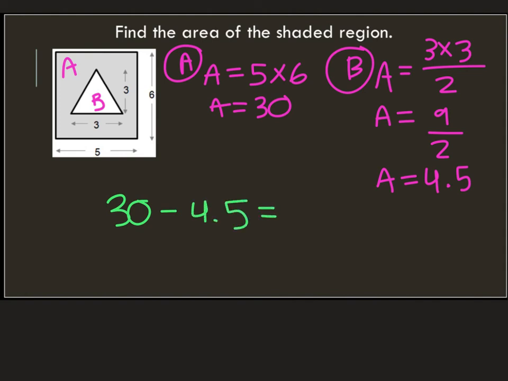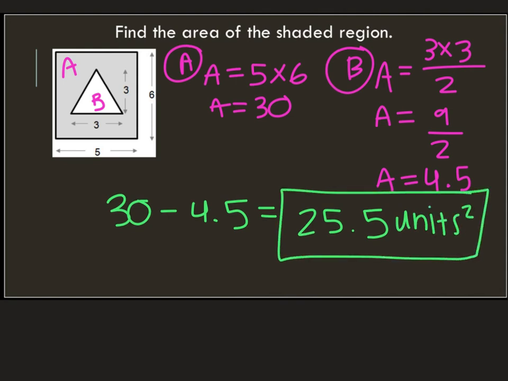It's that triangle there. So 30 minus 4.5 tells me that the area of just the shaded region is 25.5. Remember, if they don't give you units, really just use the word units. So 25.5 units squared is the area of just the shaded region.